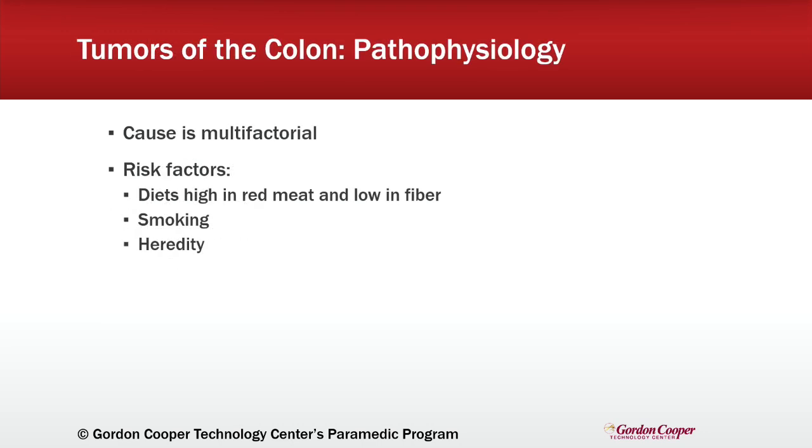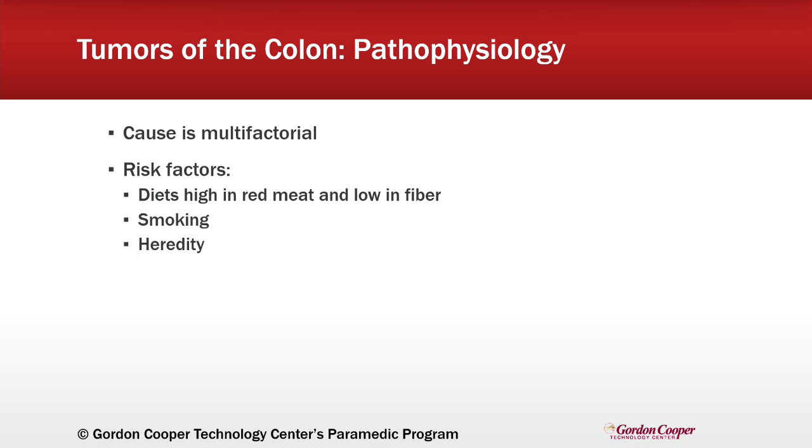Colon cancer is the most common type of cancer in the GI system. And the cause of this is multifactorial, meaning it's due to a mix of genetic, environmental, and lifestyle factors. Some of these risk factors include having a diet that's high in red meat and low in fiber, and of course smoking plays a big role in this as well.